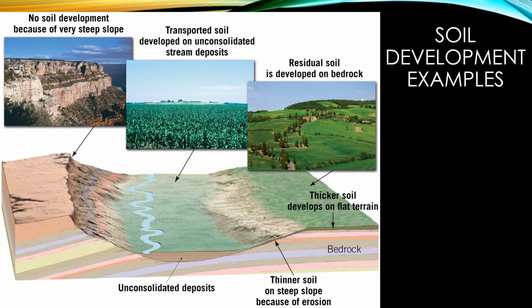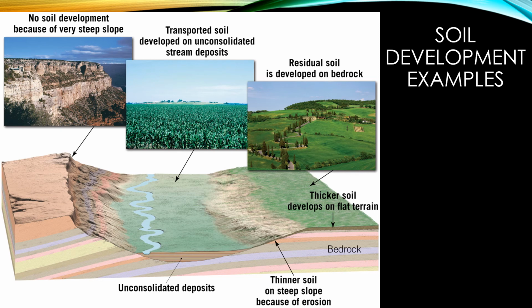And then further to the right, you can see an example of a plateau on the other side of the stream valley, where the soil is different because it's a residual soil that's developed on the bedrock. In this case, the soil isn't transported away from where it forms nearly as easily because the slope isn't nearly as steep.